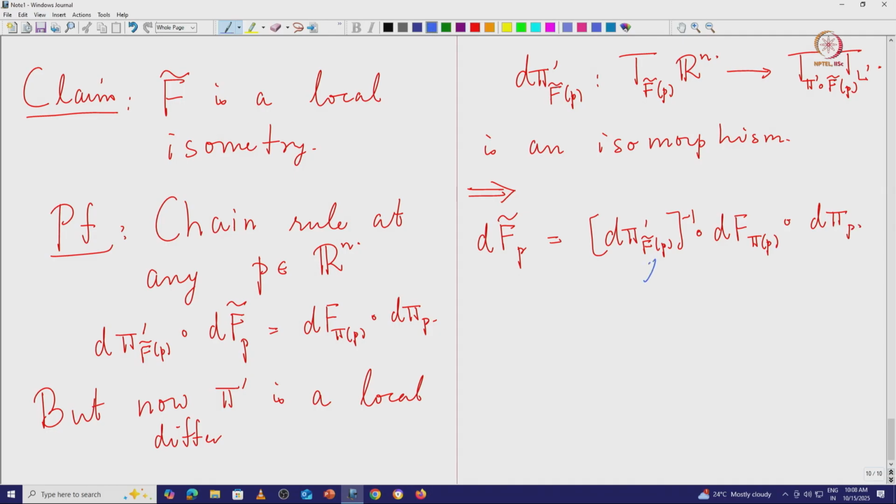But by definition, each one of these maps is an isometry at the level of the tangent spaces, right? Because each of these maps, pi prime, pi and f, are local isometries with respect to the correct Riemannian metric, right? So this implies that this map going from the tangent space to Rn at P to the tangent space to Rn at f tilde P is an isometry.